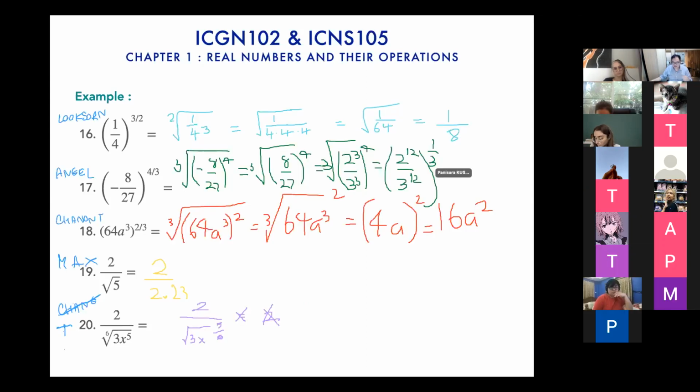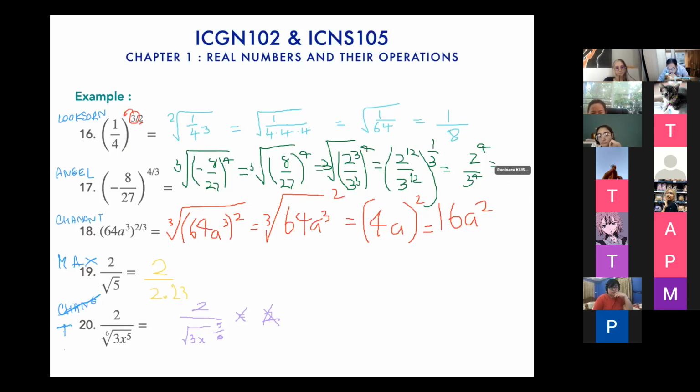While Angel is writing her answer, let me show you question number 16 by ลูกศร first. For this one, what she did was try to distribute the exponent and the radical into each number in here.